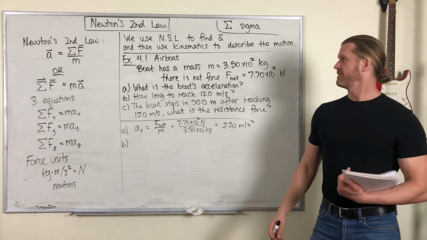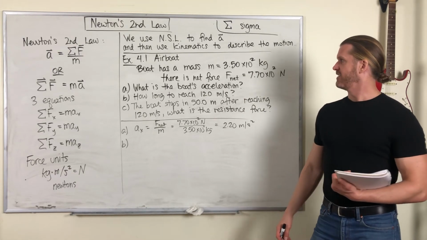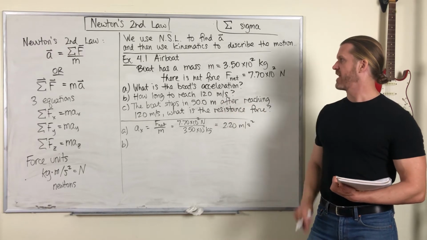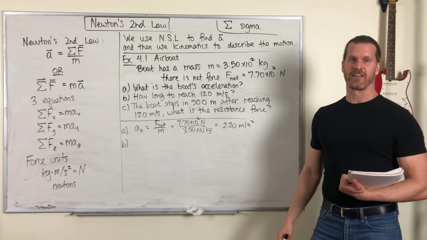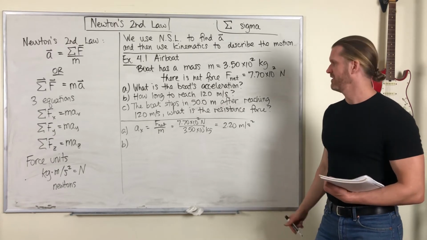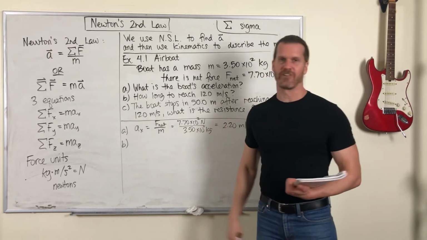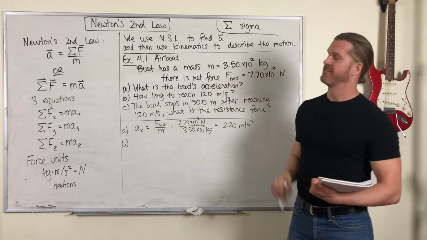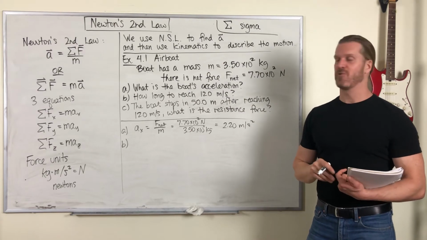Now part B, how long does it take to reach a final speed of 12 meters per second? This is a kinematics problem now. We've done our Newton's second law portion, we figured out the acceleration, and now we can use kinematics to describe that motion.